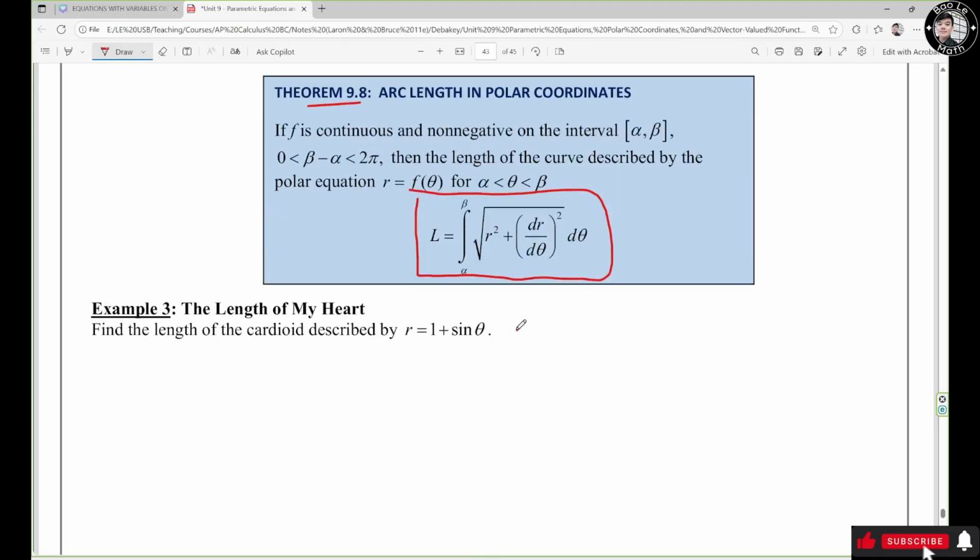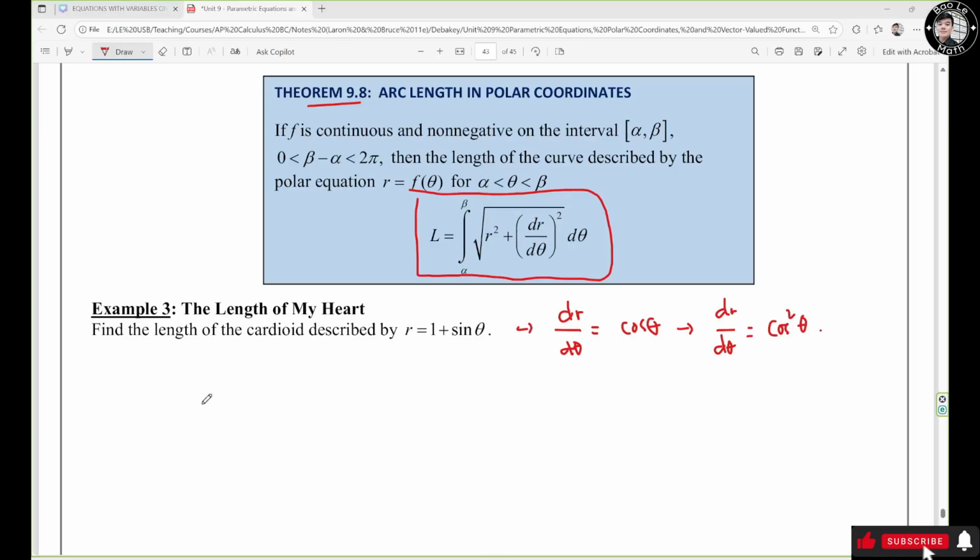First, we need to take the derivative of both sides with respect to theta, right? So we have dr over d theta equals cosine theta, right? So when you square this one, it turns out to be dr over d theta squared equals cosine squared theta, right?